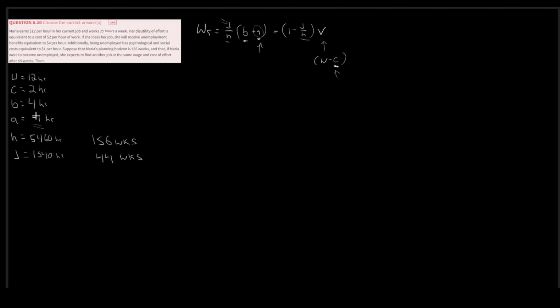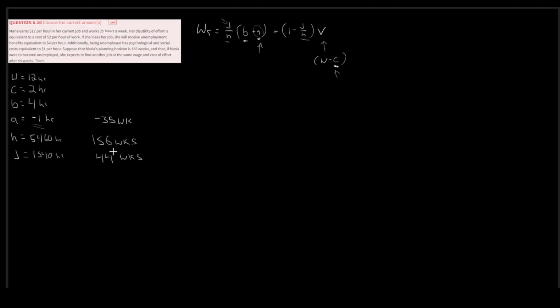Well, for A, $1 an hour, we have 35 hours a week, so that's going to be negative 35 per week. There we go. So that's our utility from being unemployed. We lose $35 a week in that case.